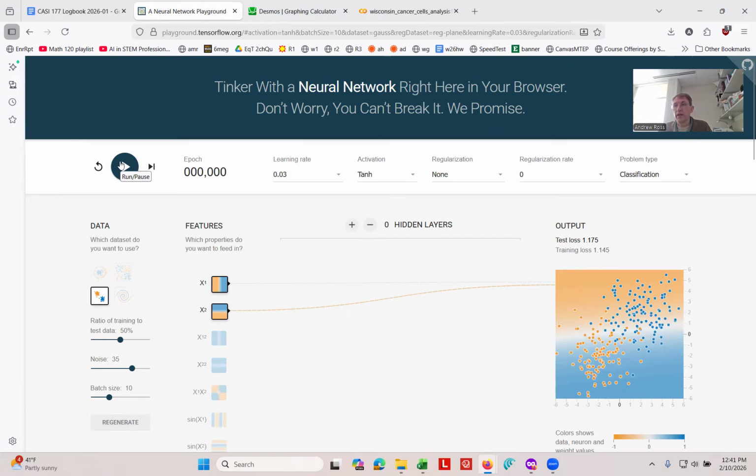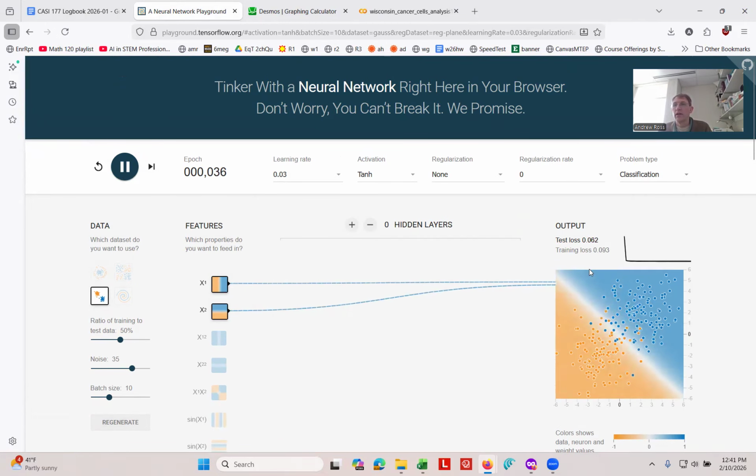So I'm going to hit play and it will train, and we can watch the graph of the test loss and the training loss. And remember, we want loss to be small, so hopefully those will be falling off with time. So I'll hit go here, and they fell right away and are just staying there. And is it doing a good job coming up with a dividing line where the blue is on one side and the orange is on the other?